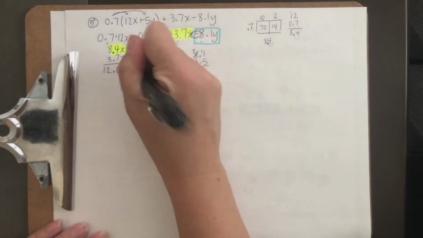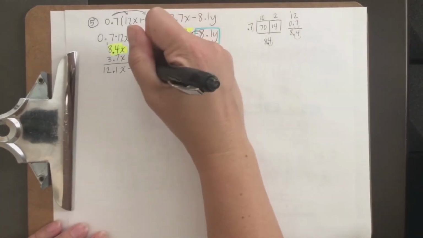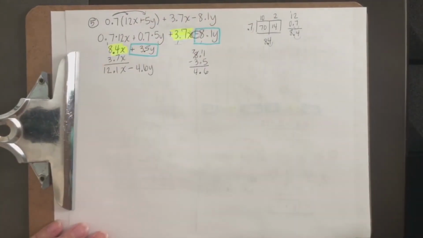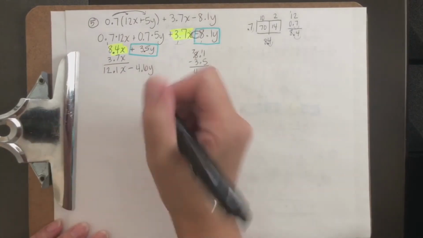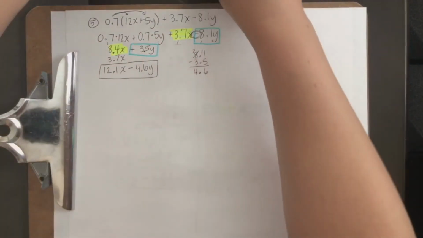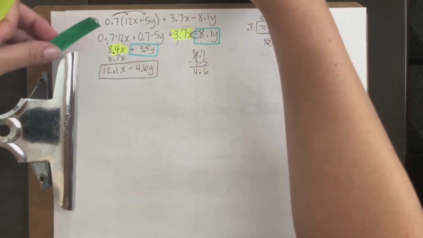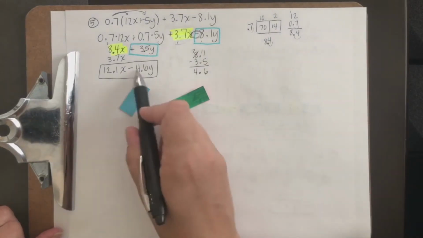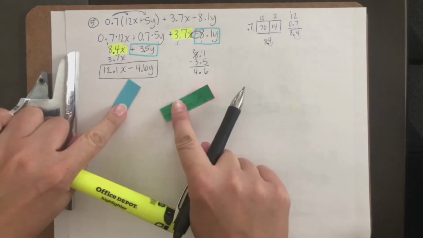So this is minus 4.6y. And that's our answer. Remember, you can't combine x's and y's. They are different tiles. So those can't go together. They're different.